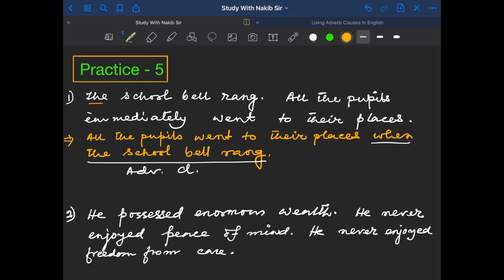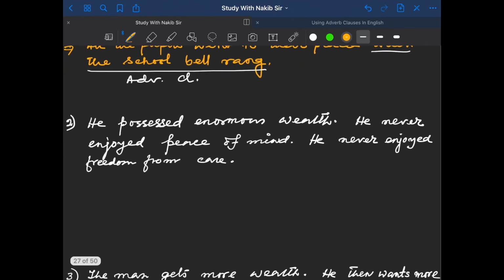Okay. Now number 2. He possessed enormous wealth. He never enjoyed peace of mind. He never enjoyed freedom from care. Okay. Now see the answer. This is a concession.